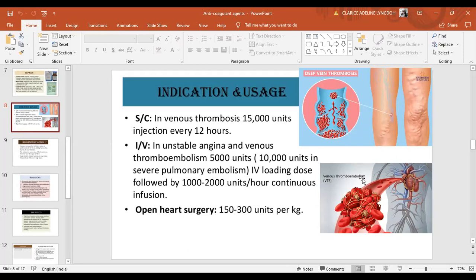That is related to the heart. The coronary arteries provide oxygenated blood to the heart. So in a coronary artery, if there is a small blood clot, it will obstruct the passage of the oxygenated blood to the heart.